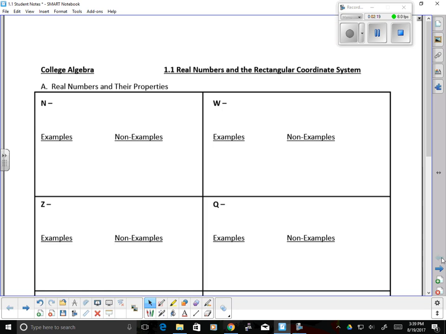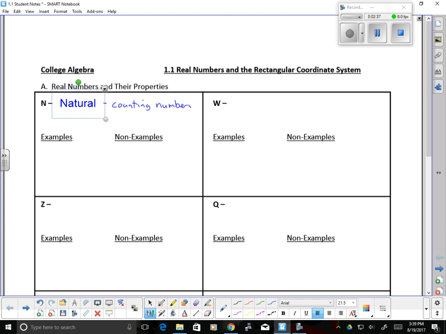So what was the first set of numbers? That's N, and that stands for the natural numbers. And those are like the counting numbers. They're the numbers that come most natural to us. This is one of the number sets that has a distinct beginning.